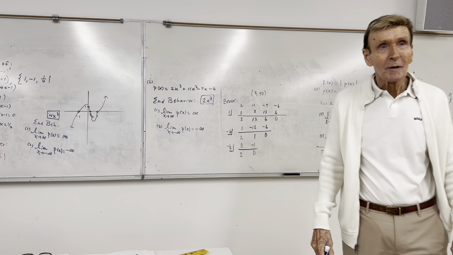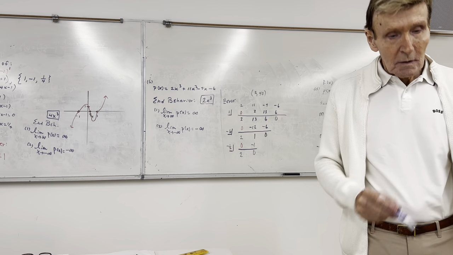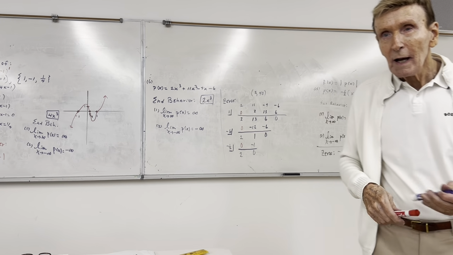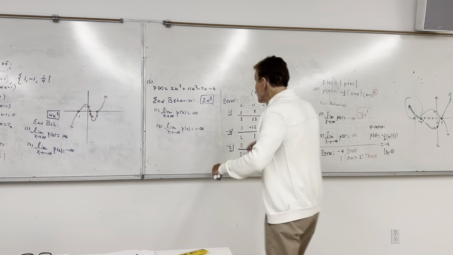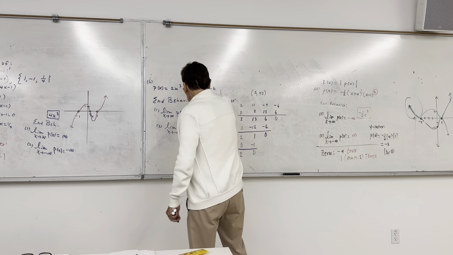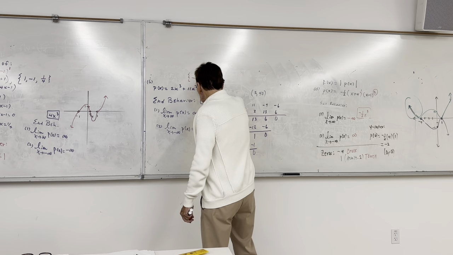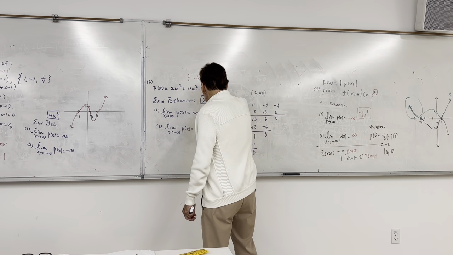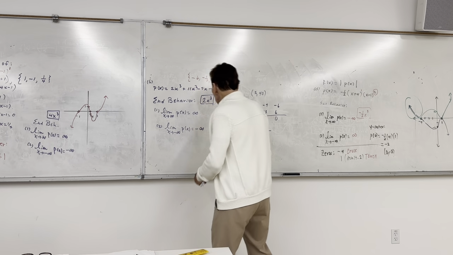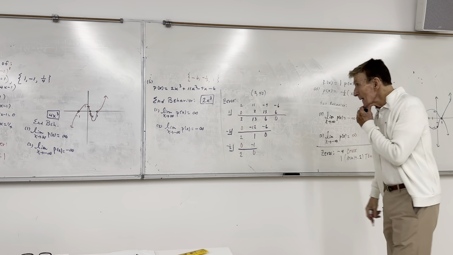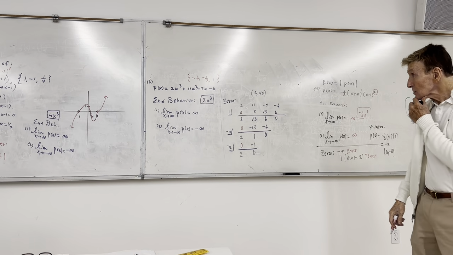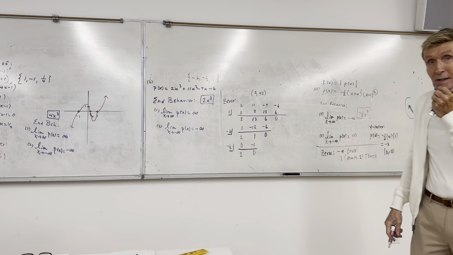Oh, oh, oh. I now have my 3 zeros, listed as -6, negative 1/2, and finally a 1. Make sure I copy those down right.